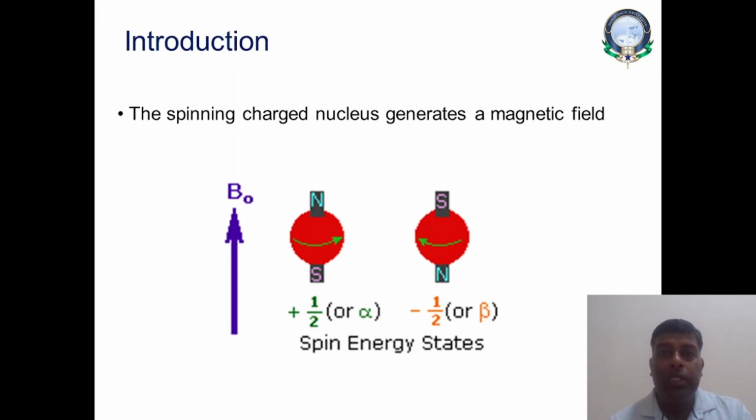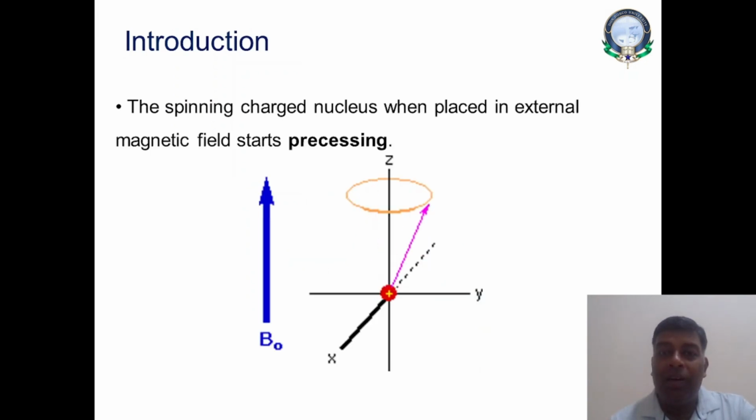Both states have different energy. When such a nucleus is placed in an external magnetic field, indicated by B0, then instead of spinning it starts precessing. This is how the nucleus starts precessing when placed in an external magnetic field.